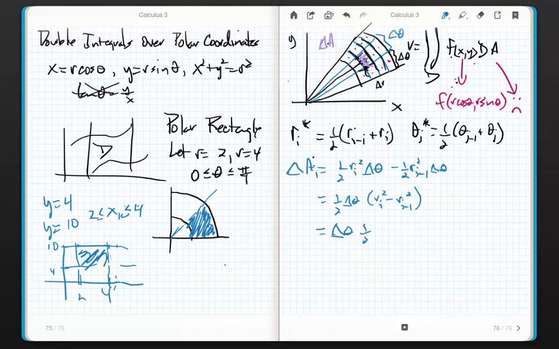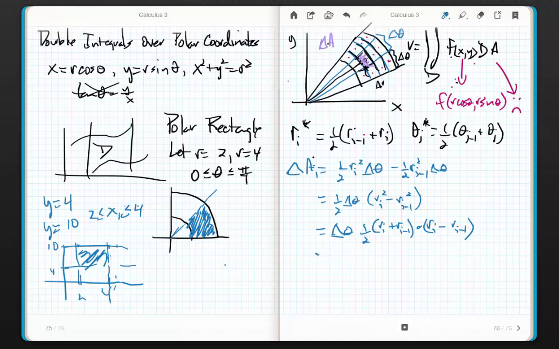I'm going to go 1/2, and then I'm going to factor this. I'm going to turn this into r sub i plus r sub i minus 1, times r sub i minus r sub i minus 1. Now look close. You may wonder about this theta here, but just work with me for a sec, okay?